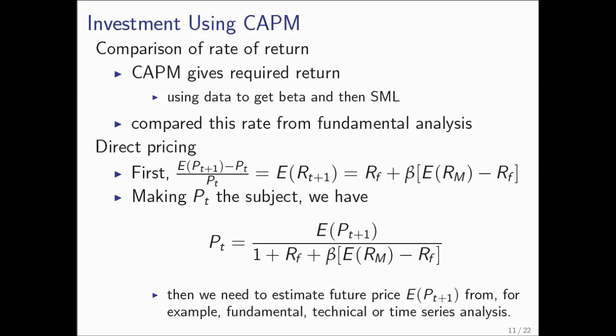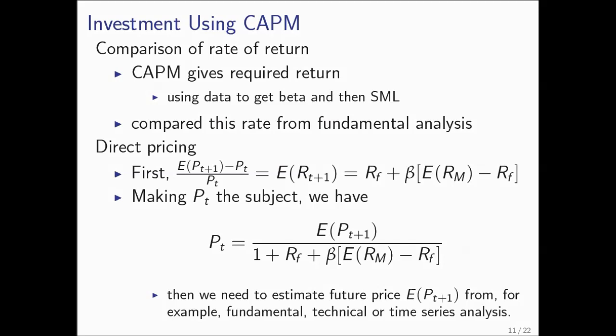Directly, you can use a pricing equation because the return is basically the change of price, equal to the risk-free rate plus the market premium. So when you have beta, then you can back out the price as this function. Of course, the denominator is well known now, but the numerator is not.